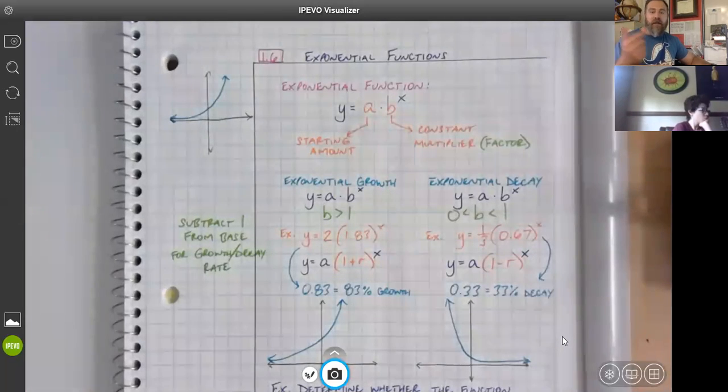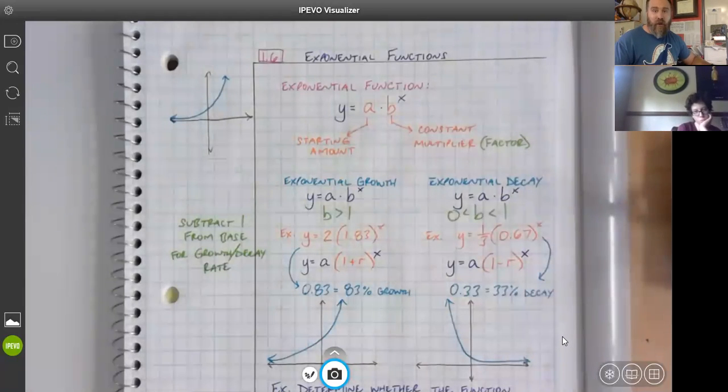This carbon is decaying at a rate of 1.7%. Percents tend to be the most common used phrase there. And because of that, one of the things they're going to ask is, what is the rate of growth or decay? So once you identify whether it's growing or decaying, they're going to ask you how fast or how slow it's growing or decaying. That's what they mean by rate. And they're going to want it in percentage form.